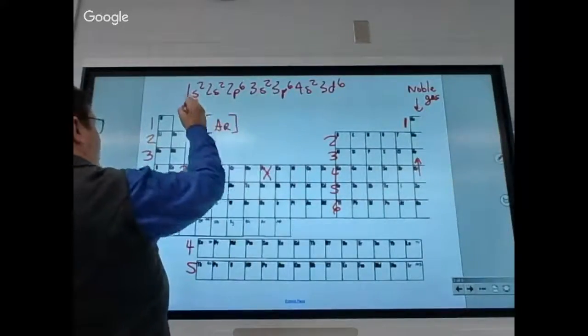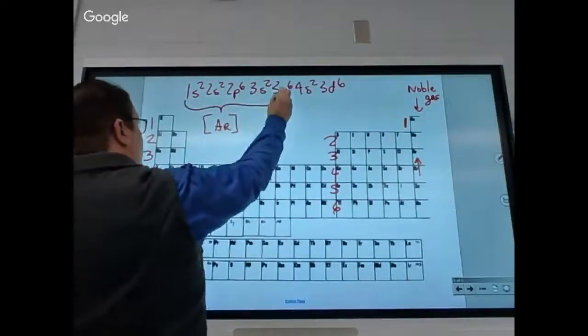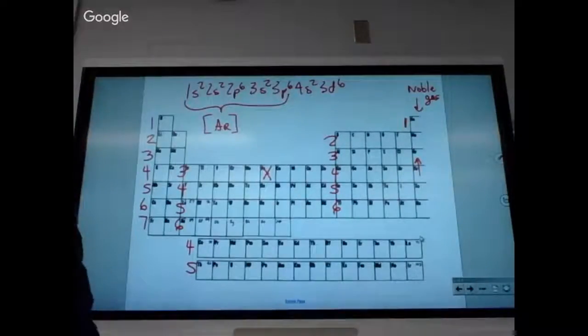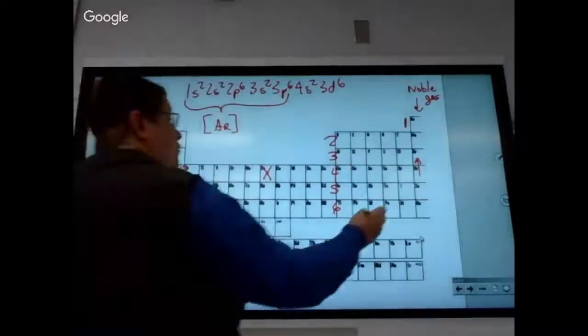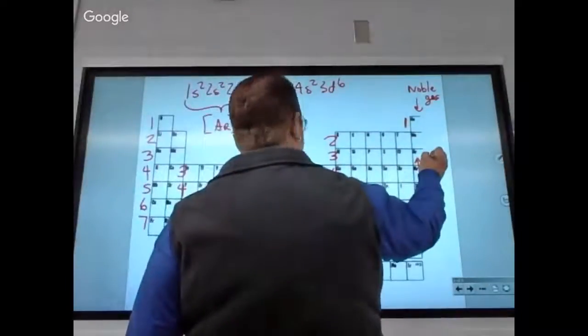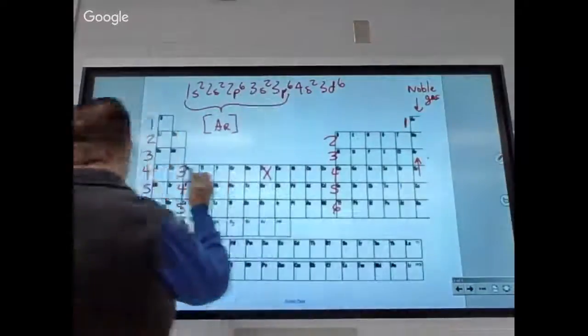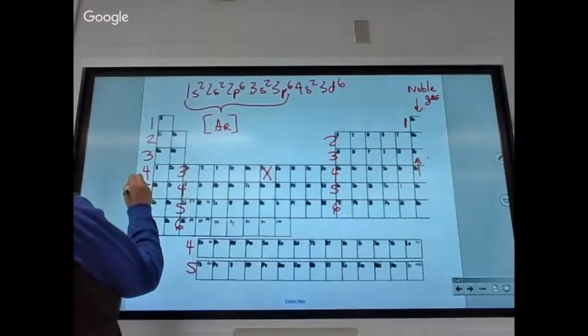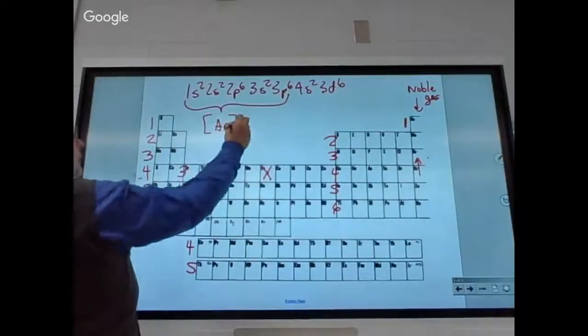That covers all of that. We don't have to write all that. Argon takes care of that. Now, all you have to do from argon is just like you always did: go back to the left side and start on the next row. What comes next? 4.